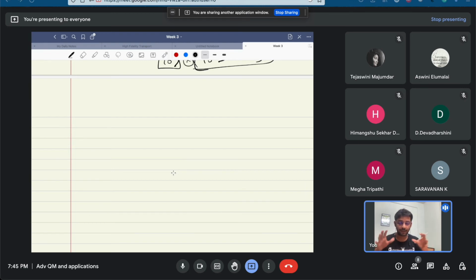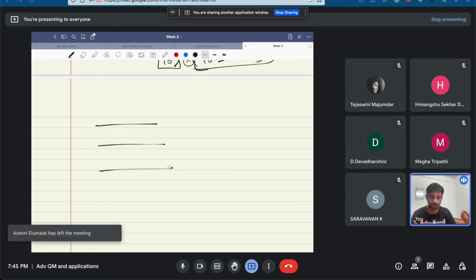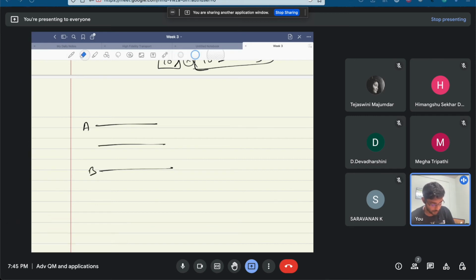So if you have an entangled state, there was one question in your assignment as well based on quantum teleportation. I won't really solve it, but I can give you a rough idea. Let's say you have 3 qubits, and usually it is described in the context of Alice and Bob. Alice wants to send a quantum state to Bob. What she does is that she has a quantum state psi, and they are going to entangle.